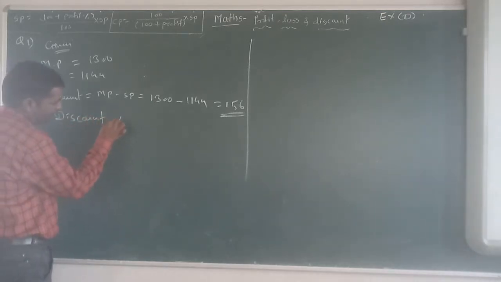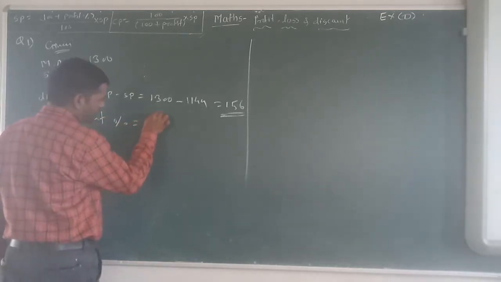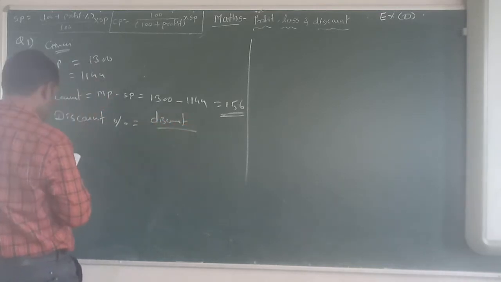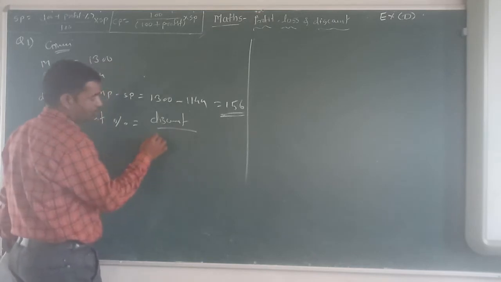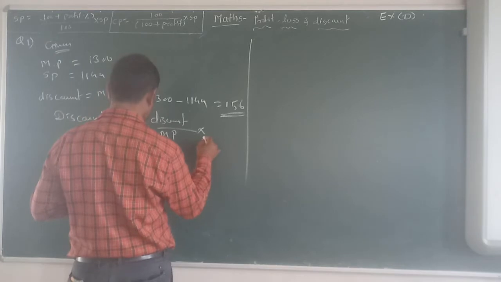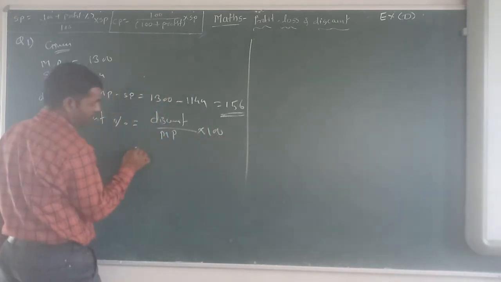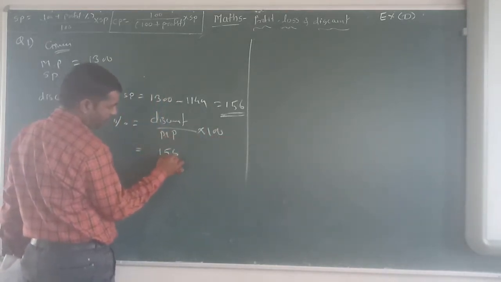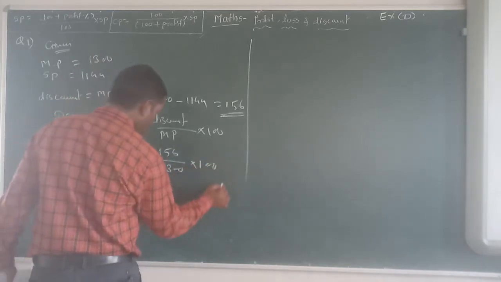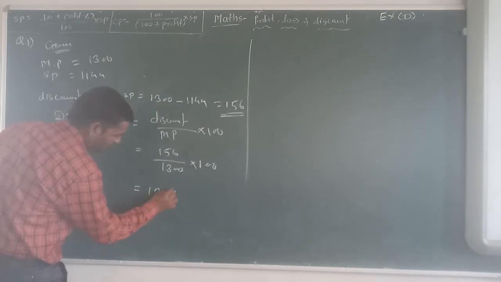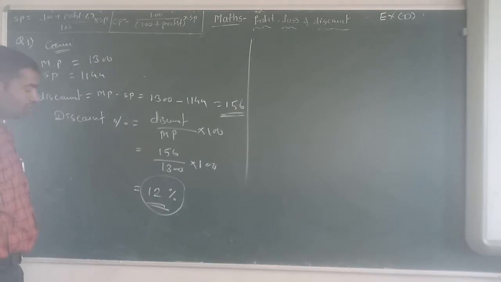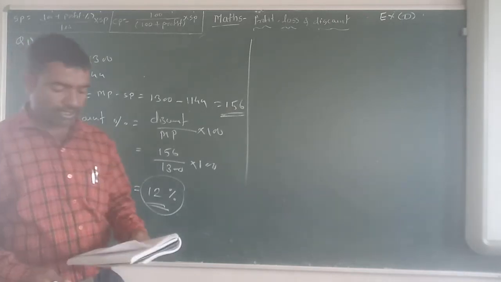Discount percentage is always found with MP: discount upon MP, multiplied by 100. So 156 upon 1300 multiplied by 100. So your discount will be 12%.